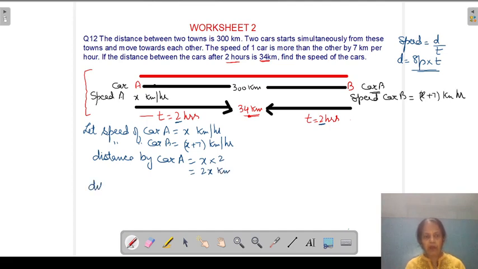Similarly, we will find the distance covered by the car which is at town B. Again, the formula is the same, speed times time. Car B's speed is x plus 7, so x plus 7 multiplied by time. Car B is also traveling for 2 hours. It will become 2x plus 14.